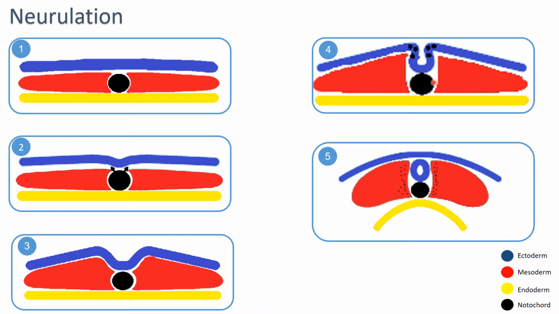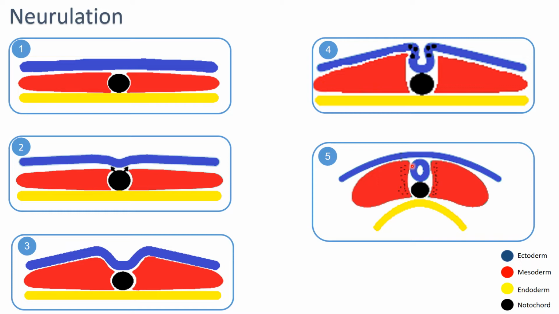These are the neural crests, these little black specks. Eventually, the two sides of the neural plate come together, meet, fuse, and form this tube of neuroectoderm that's going to run down the length of the embryo.